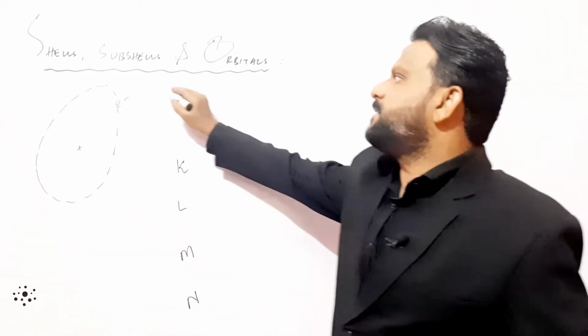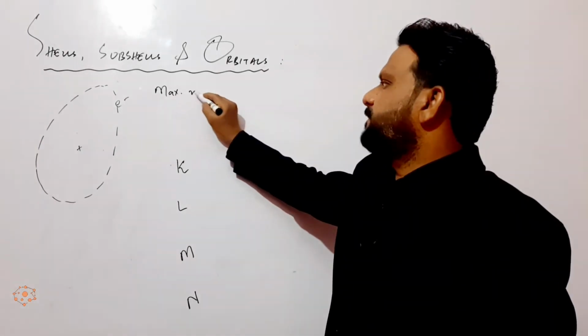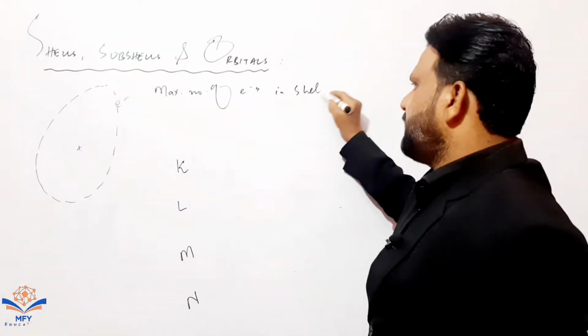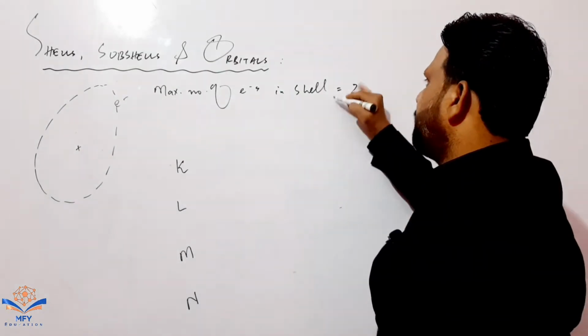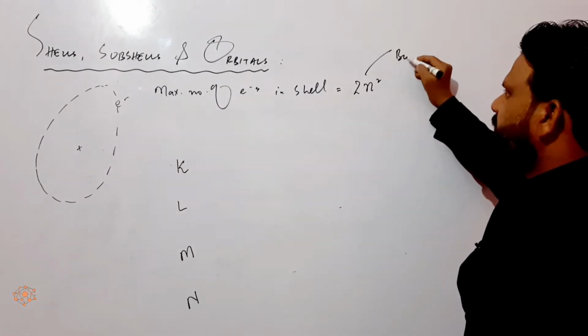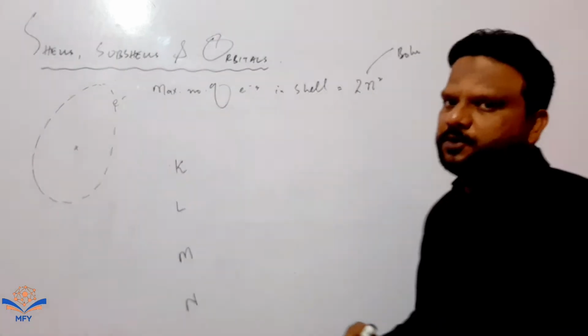The maximum number of electrons in a shell can be calculated by the formula 2n square, which was proposed by the scientist Bohr.